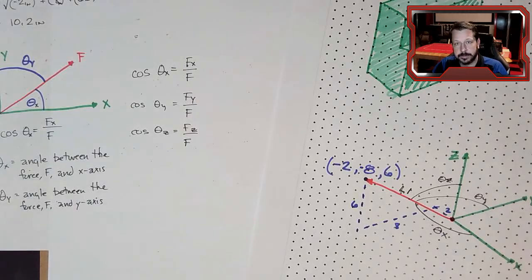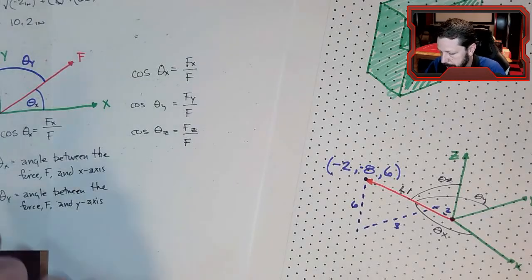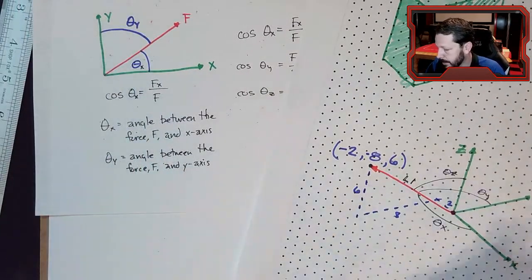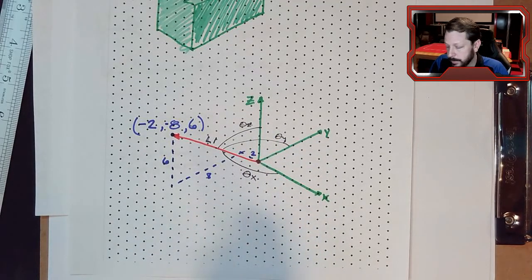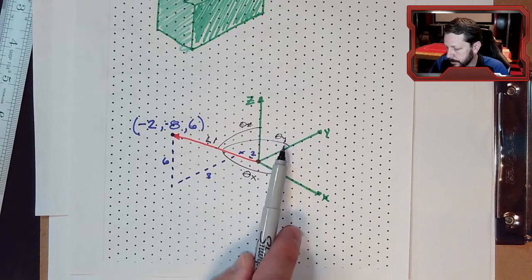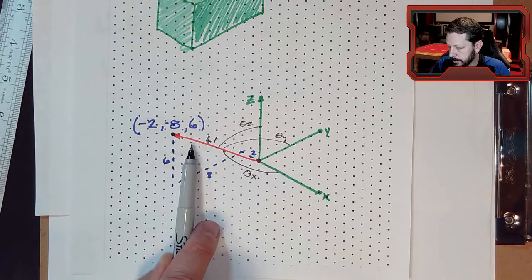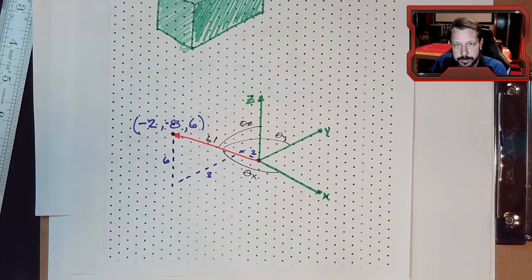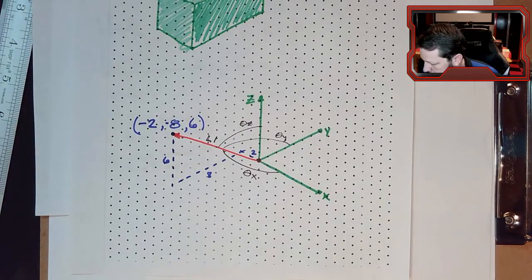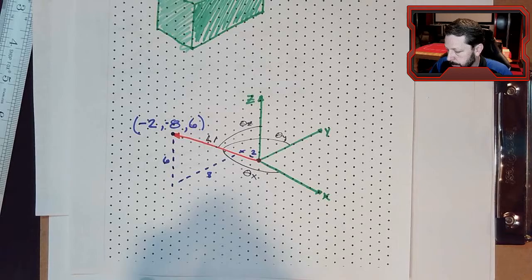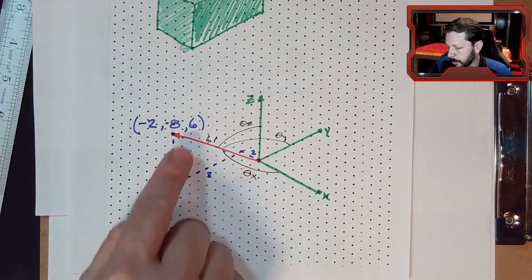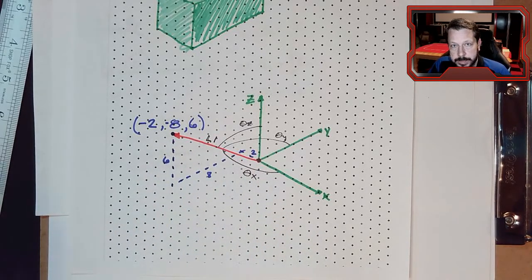The cosine of theta z is the z component of the force divided by the force, just like it is in 2D, only now theta x, theta y, and theta z are each in their own plane created by whatever axis they're measuring to and the force. So those are 3 different planes, all spread out. So it'll take 3 of these angles to define where this force vector exists in 3-dimensional space.